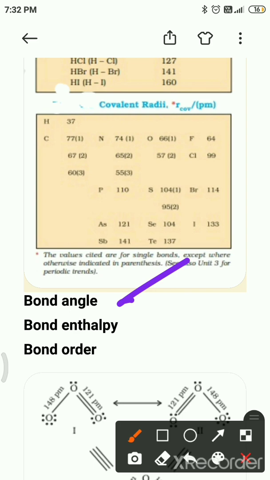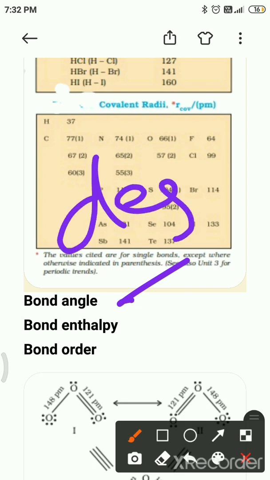Bond angle is generally expressed in degrees. It can be experimentally determined by spectroscopic methods. It gives some idea about the distribution of orbitals around the central atom in a molecule or complex ion, and hence it helps in determining its shape.